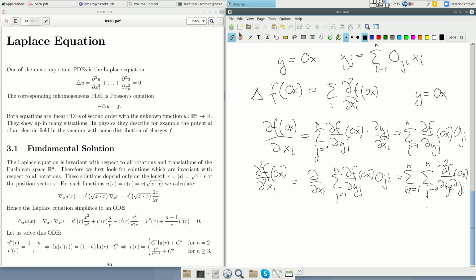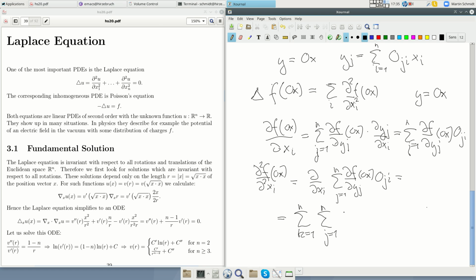Maybe I write it in a new line because we do not have enough space here. So this is the sum over k equals 1 to n, sum over j equals 1 to n.